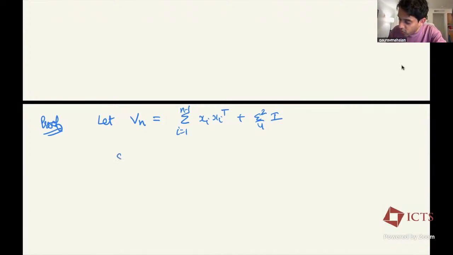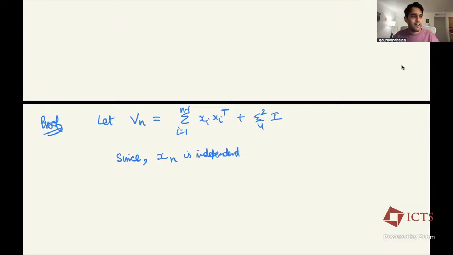Okay, and so we know that xn is independent of, or I guess I'm looking at a sequence, maybe I should choose xi here. It's going to be so ugly.